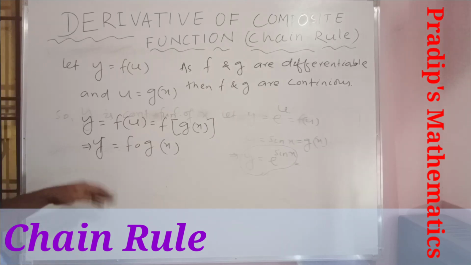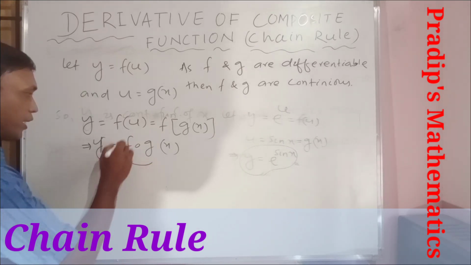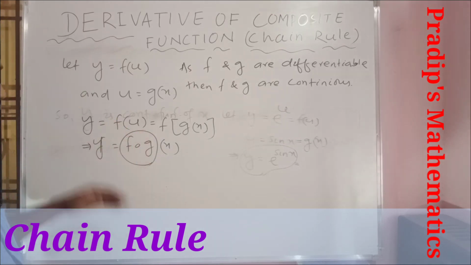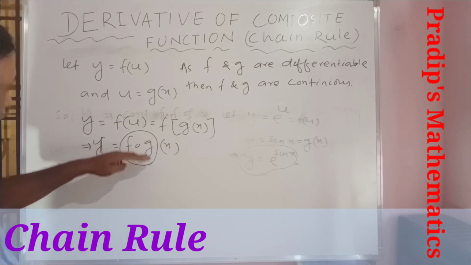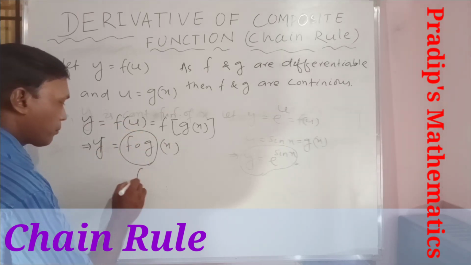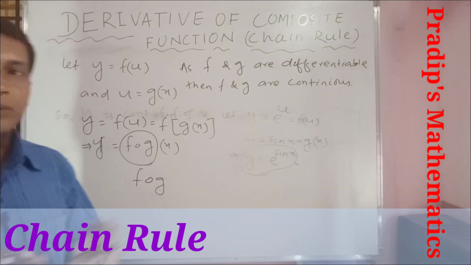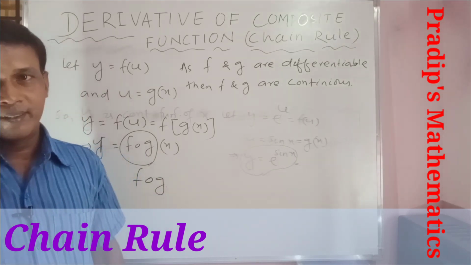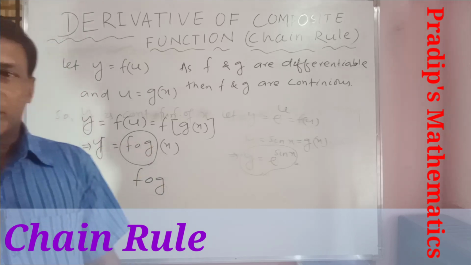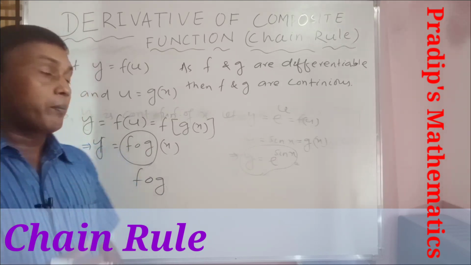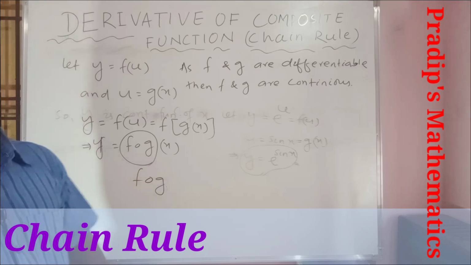So here we find another function. This is f of g, meaning fog of x. This is also a function, and this function fog is composed of two functions f and g. So this is the composition function, and today we want to differentiate this function fog of x.